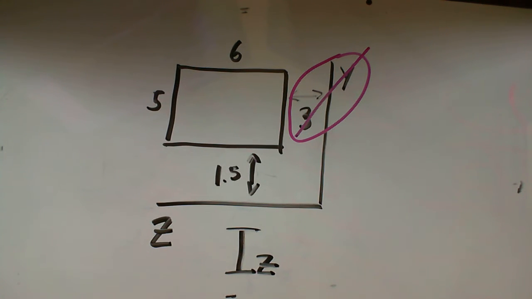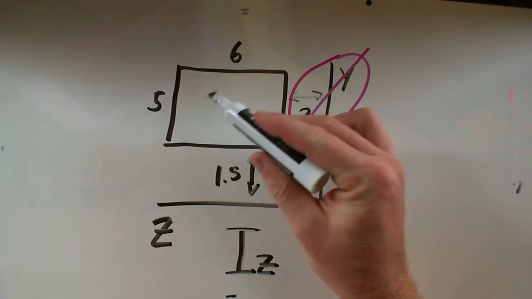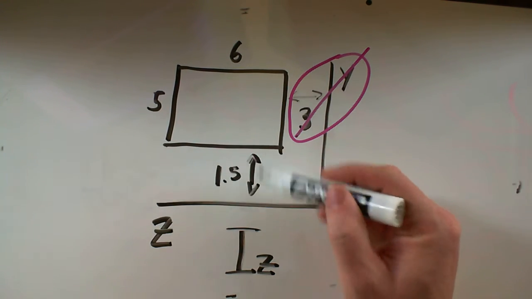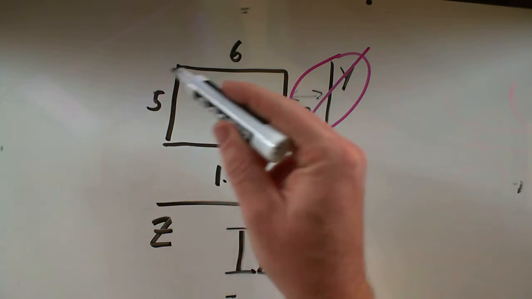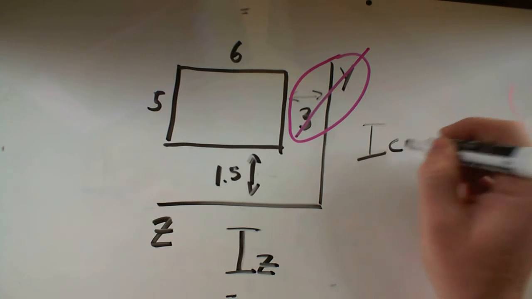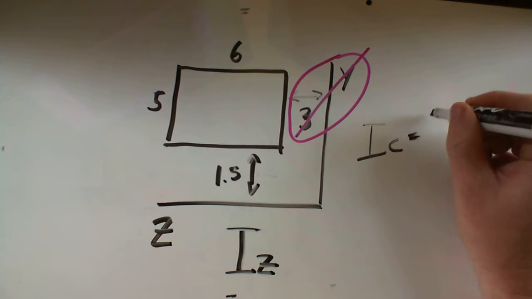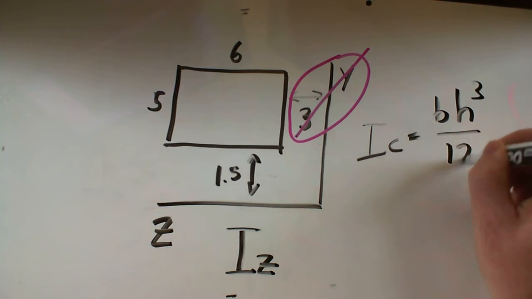So here's how we find the I sub c of just the shape. Since we are going with z, we know that the base value is 5. So our I sub c equals base times height cubed over 12.